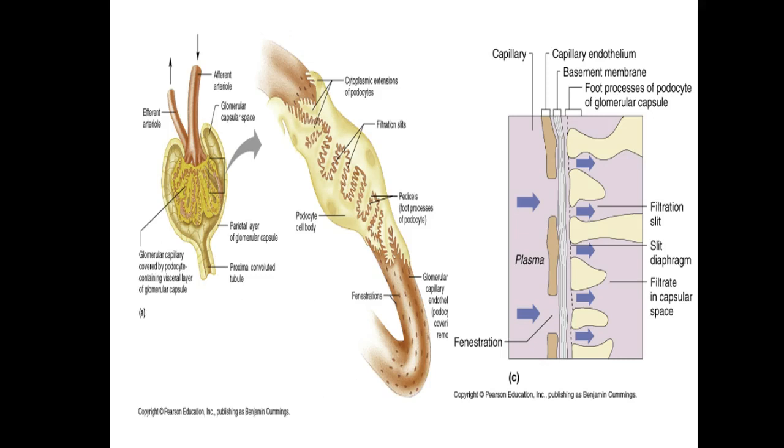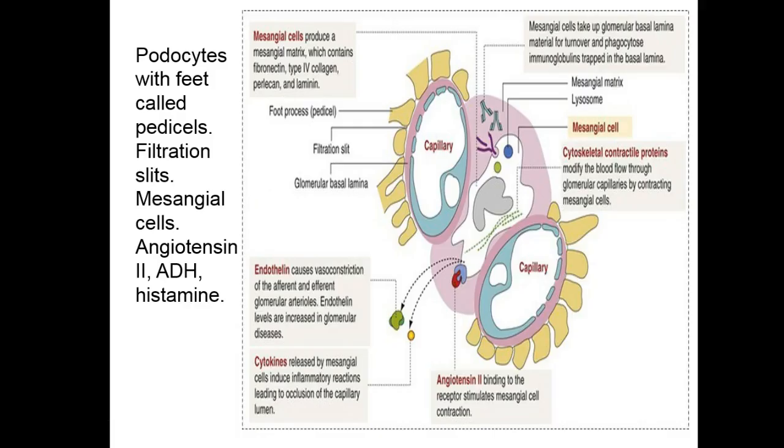But if in fact it manages to make it out of the capillary bed, past the basement membrane, because of a charge or a lack of charge, or solubility, then it's going to fit through the slits into the capsular space. The other thing about this area, you have a cell called a mesangial cell.